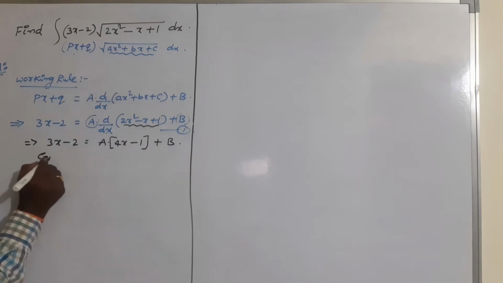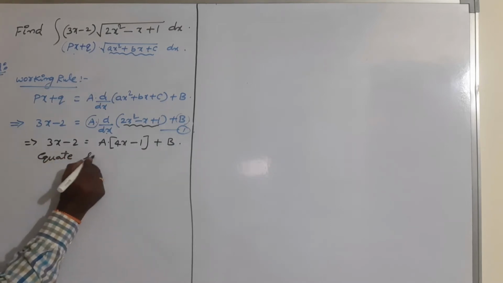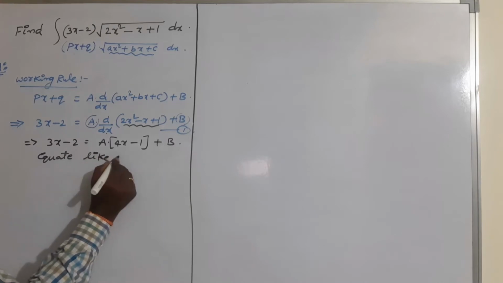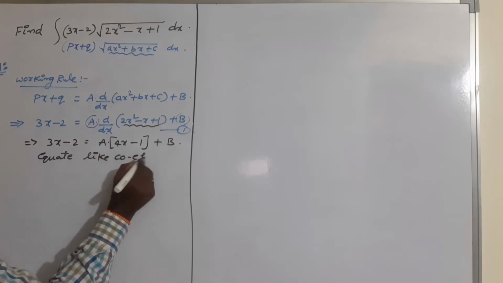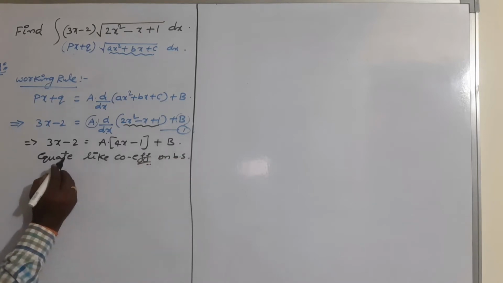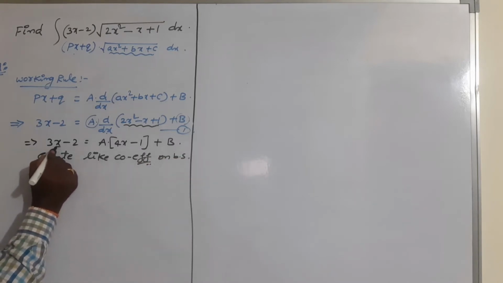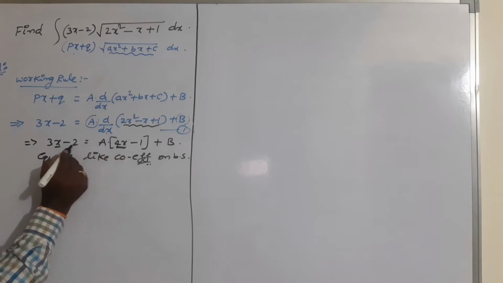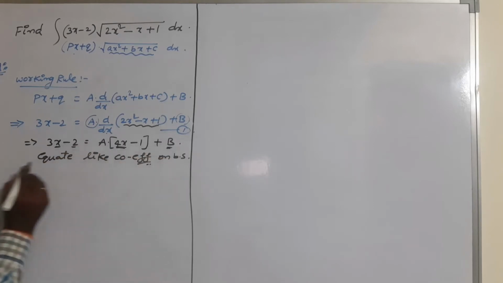Now equate like coefficients on both sides. What is meant by like coefficients? Compare x coefficients on both sides. After that, equate constant terms on both sides.